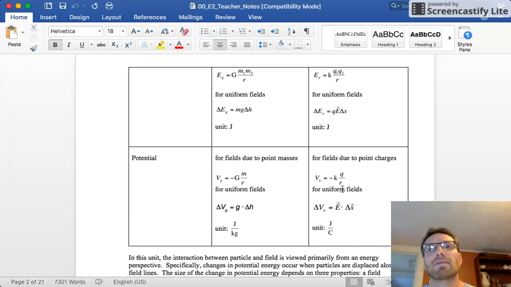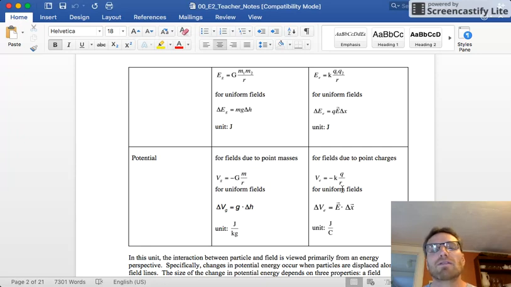But if I'm thinking about a positive test charge, it takes a lot of work to move that close to the positive central charge. Therefore, I would think there would be a high amount of energy per charge closer to the central charge.